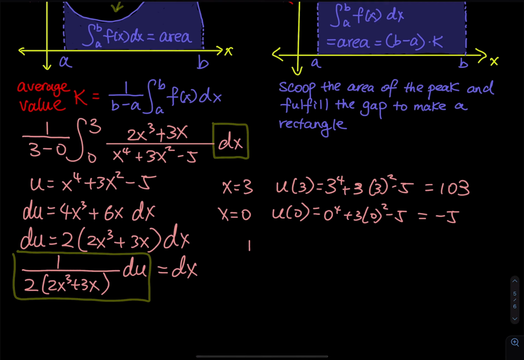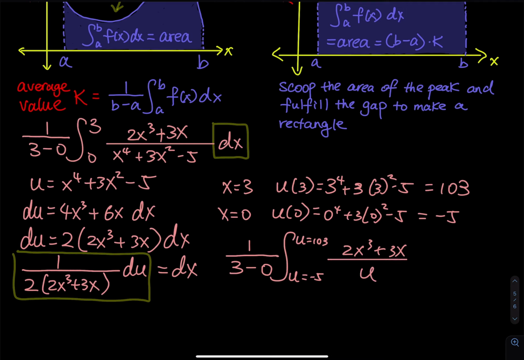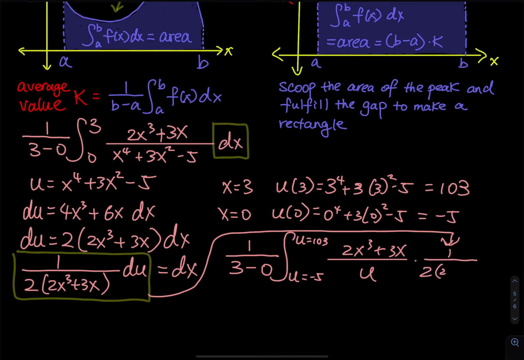So we have 1 over 3 minus 0, and then the integral from u equals negative 5 to u equals 103. The numerator, 2x to the third plus 3x, over the entire denominator, which is u, and then the du goes over here. So we have 1 multiplied by 1 divided by 2 times (2x to the third plus 3x) du.